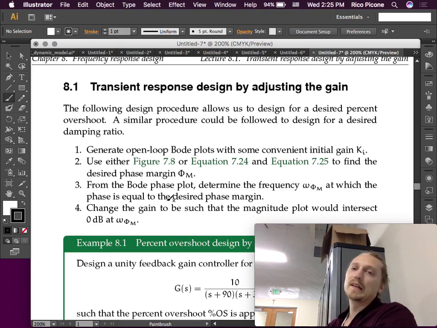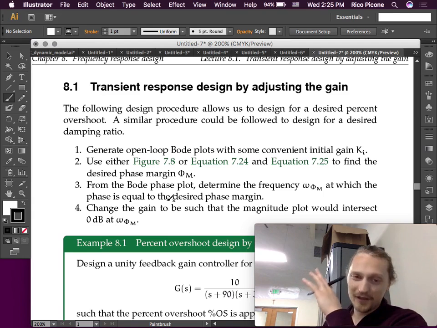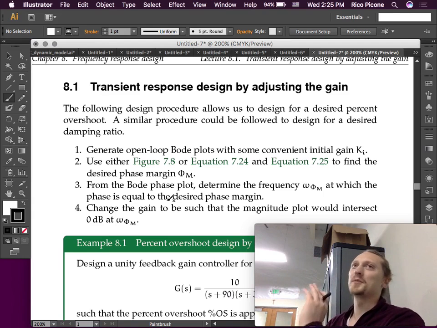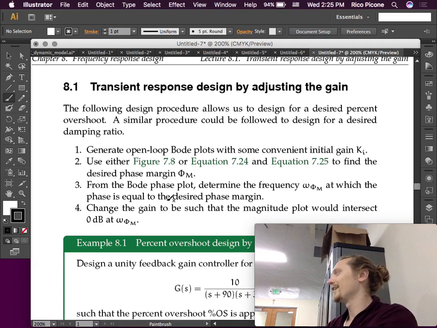So you're given a desired damping ratio or a desired percent overshoot, and these equations and that figure relate percent overshoot to phase margin directly. The gain margin depends on a few coupled parameters, but phase margin is just directly related to percent overshoot and damping ratio, which are essentially equivalent.